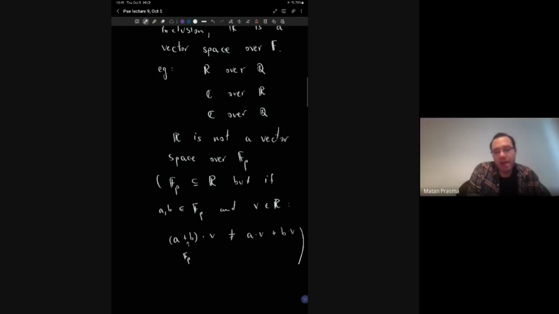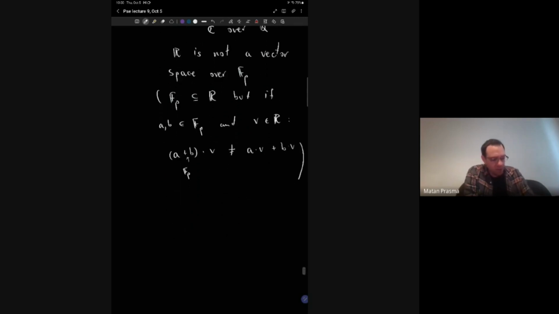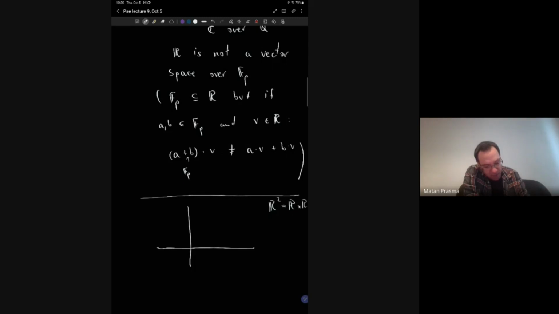Okay, so this is unlike what you usually learn in preliminary mathematical courses, because we take an abstract approach. There you take, for example, the plane. The plane is simply R^2, the Cartesian product of R with itself.